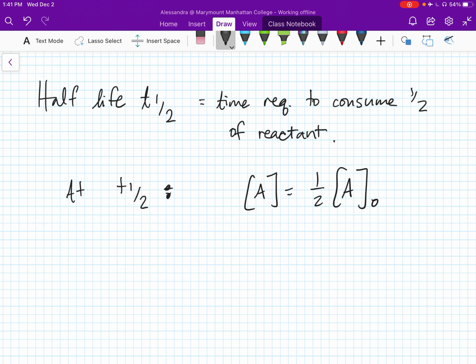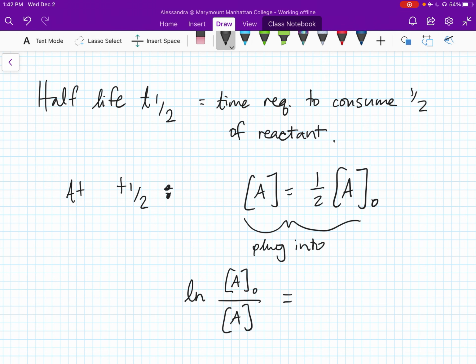So let's take that and plug into the first order integrated rate law, which you may recall is the natural log of A0 over A being equal to k times t, which in this case would be t 1/2.